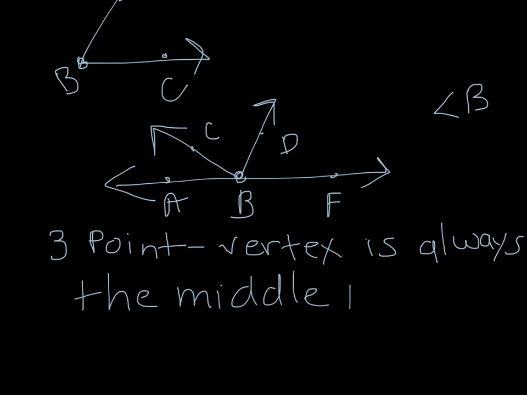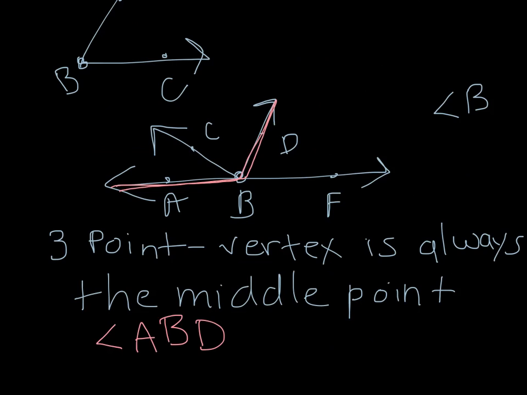For example, let me draw this in pink here. If I wanted to refer to this angle, the one I just drew in pink, I couldn't just say angle B because angle B is lots of angles. I would say ABD, or I could say DBA. Notice that in both of them, B is in the middle.